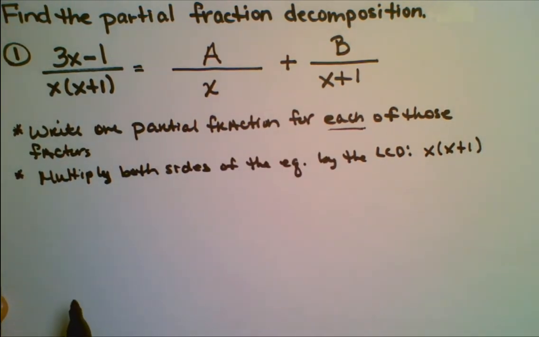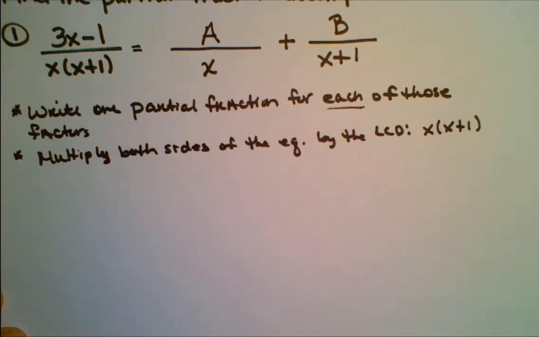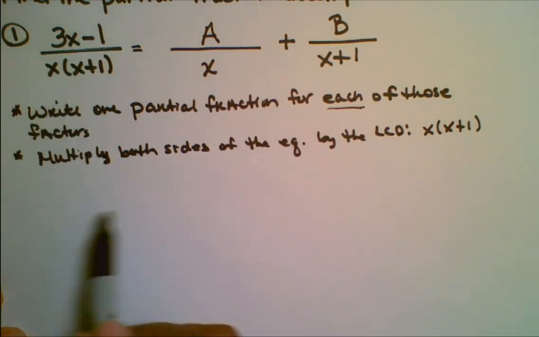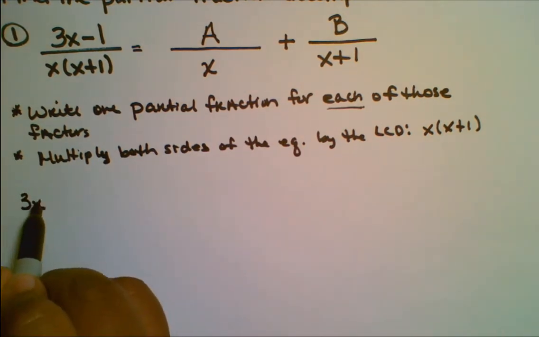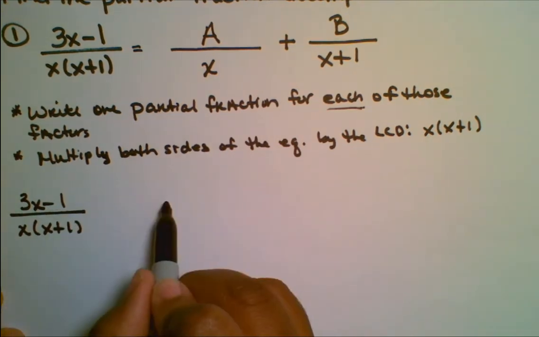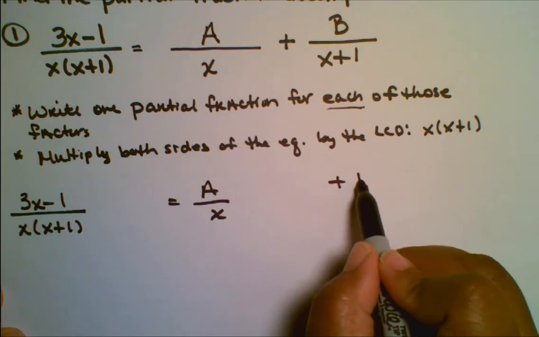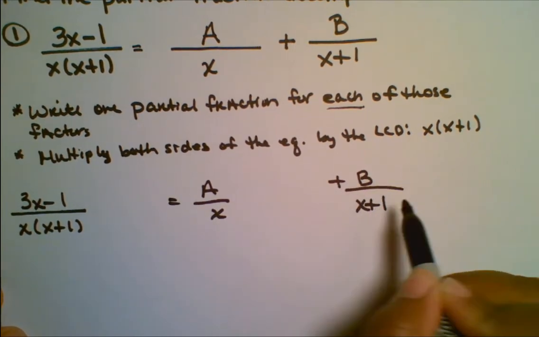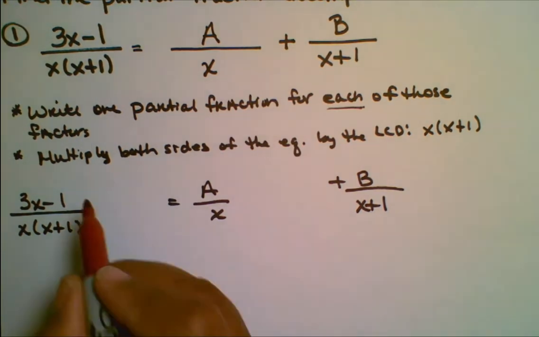I'm going to rewrite this step again so I can leave some space to write the LCD. You don't have to. So let's multiply both sides by the LCD.